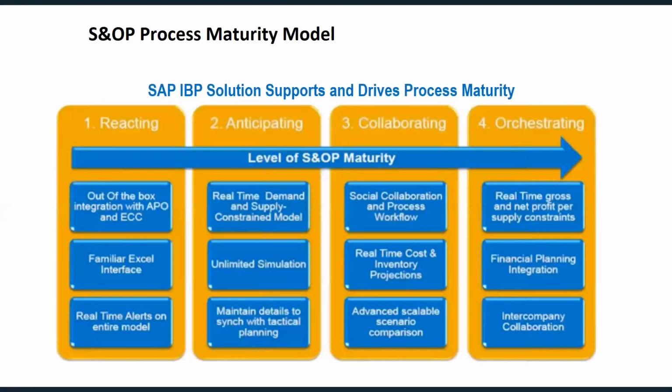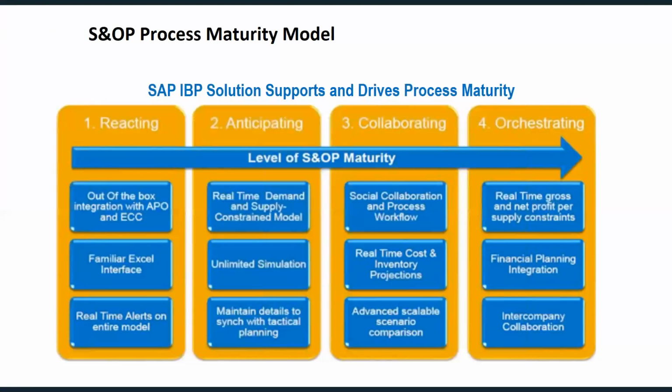So SAP has given this maturity model for any organization doing an SNOP process, showing at what level of maturity they are. You can be at a low level of maturity on a reacting basis, up to number 4 with the orchestrating level. In simple terms, if you are a level 1 SNOP process, you essentially may not have any standard tool to work with IBP or to work with your SNOP process, and you may have huge time spent just on data collation, managing inputs and outputs, and a lot of effort spent on non-value added activities.